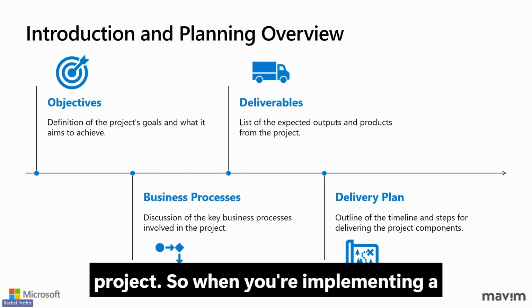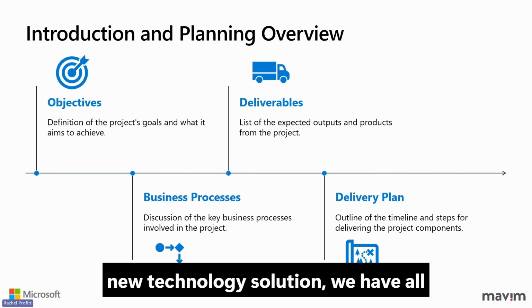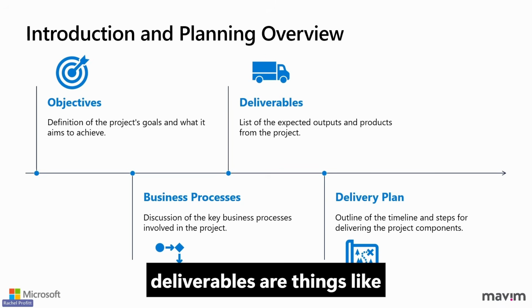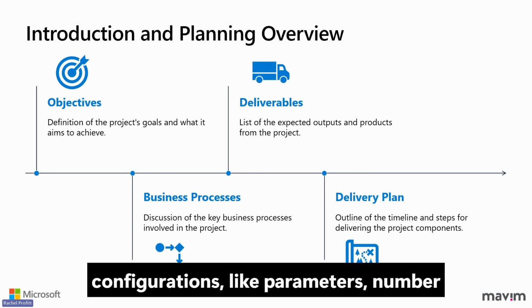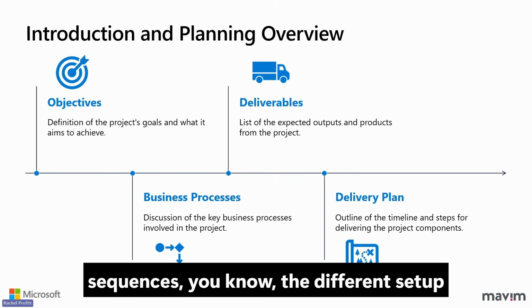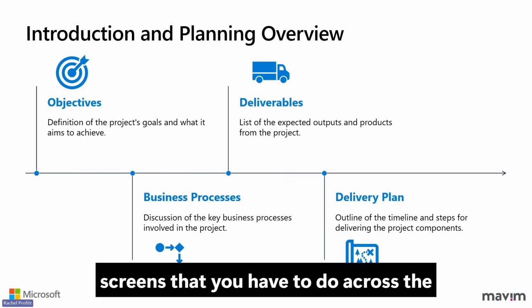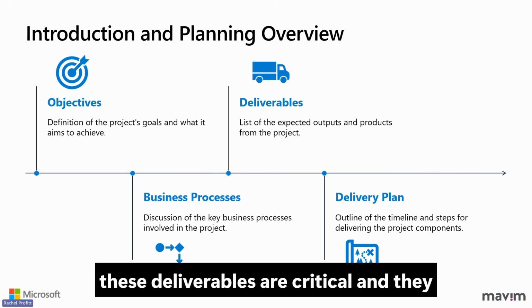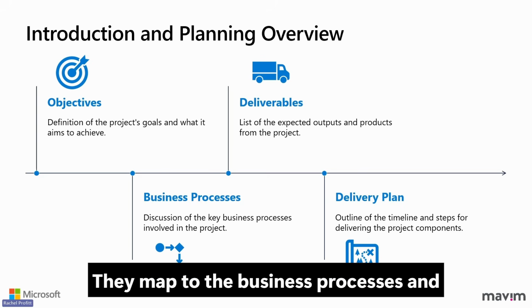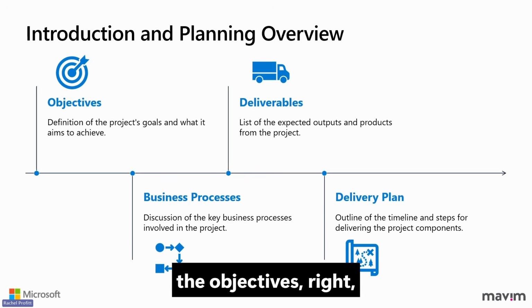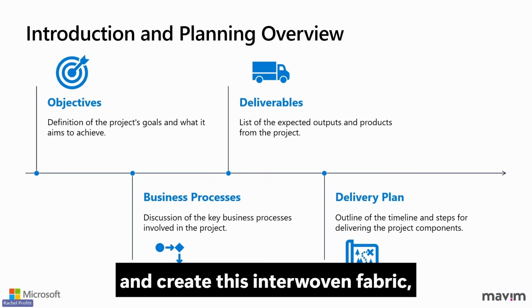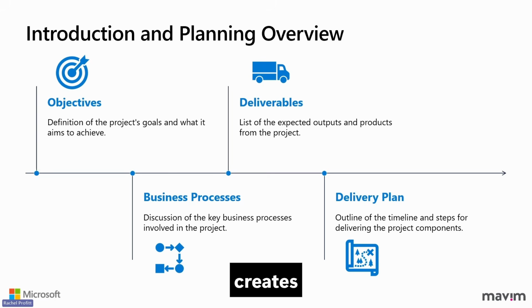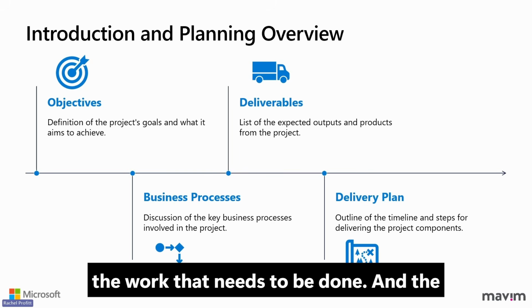So when you're implementing a new technology solution, we have all these deliverables, and these deliverables are things like configurations, like parameters, number sequences, the different setup screens that you have to do across the application. And these deliverables are critical, and they map to the business processes and the objectives, right? And create this interwoven fabric, if you will, that creates the work that needs to be done.